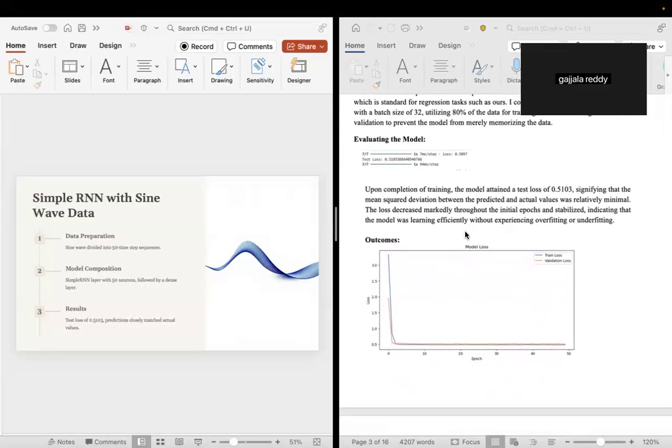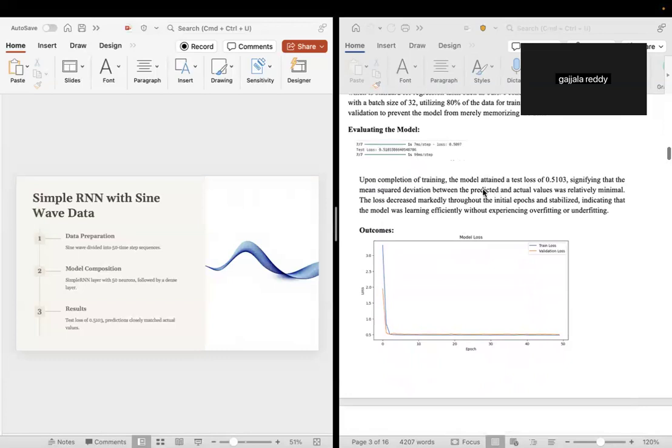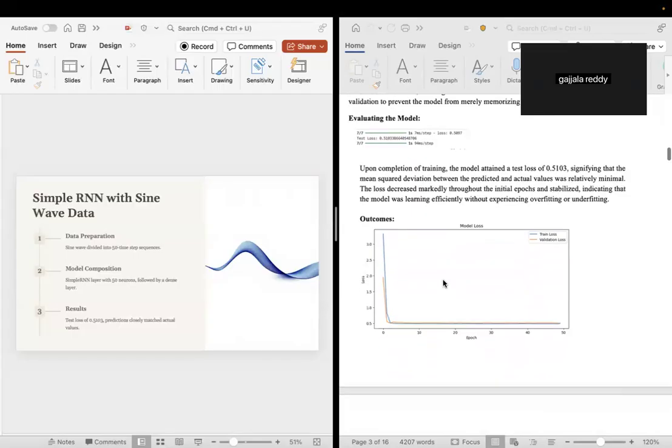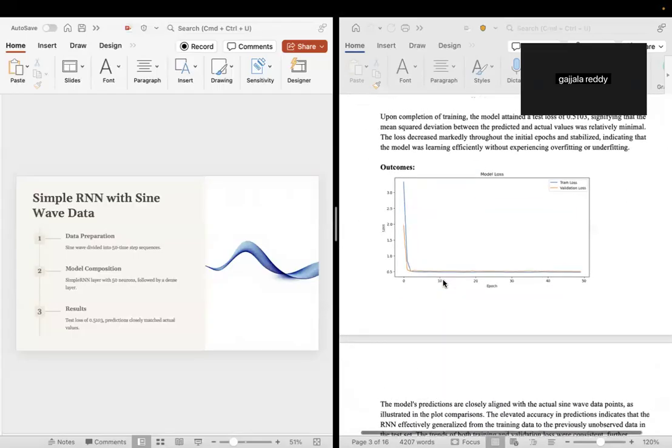Evaluating the model. Upon completion of training, the model attained a test loss of 0.5103, signifying that the mean squared deviation between the predicted and actual values was relatively minimal. The loss decreased throughout the initial epochs and stabilized. Here is the outcome that shows this.